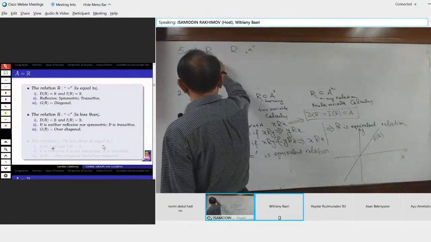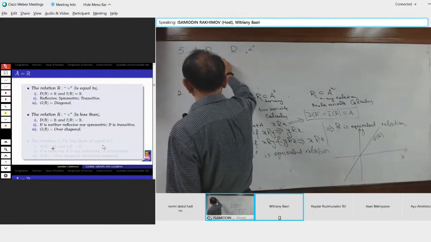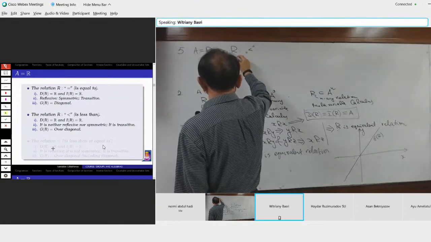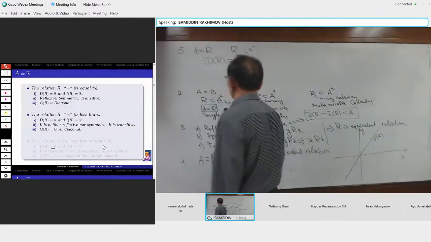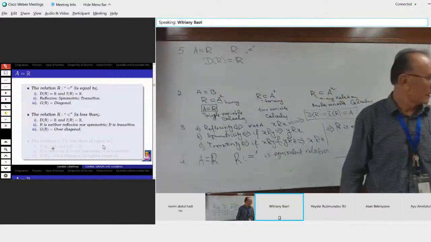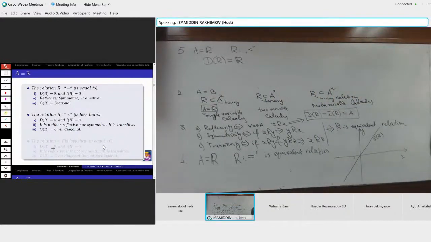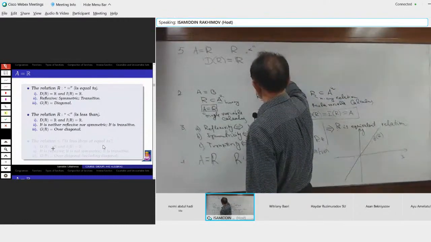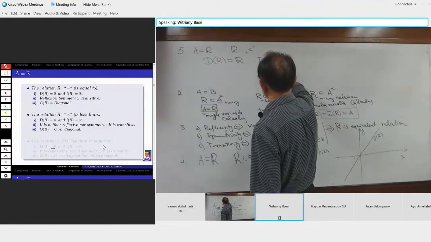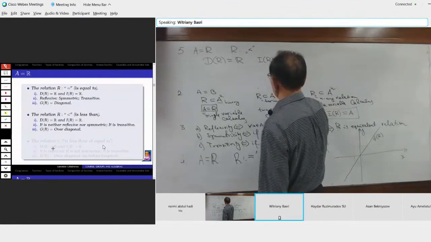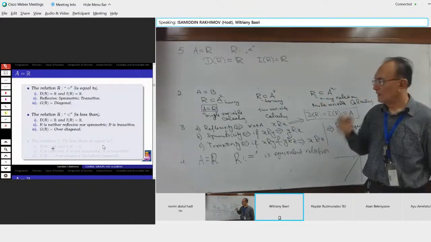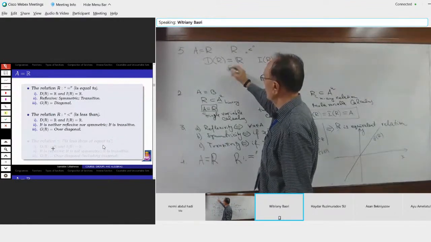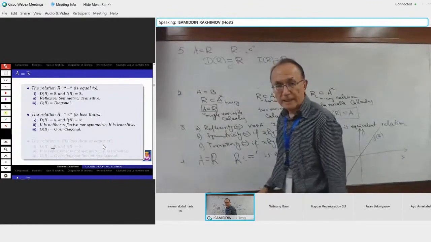I check the domain of R. Domain of R is R. The image also is R. How to prove it? Because we know this inclusion: the domain is a subset of R.